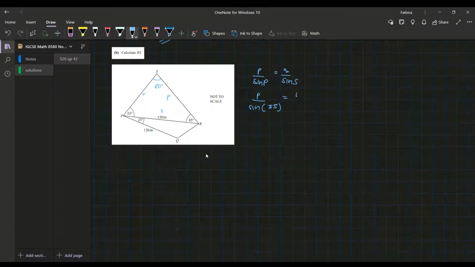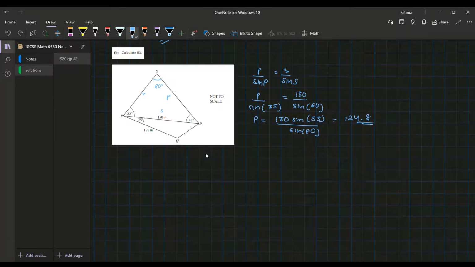We know that s is 150, and we know the angle of S is 80. So when we rearrange the formula, you get 150 into sine 55 upon sine 80. So when we solve for this, it would be 124.8 meters.